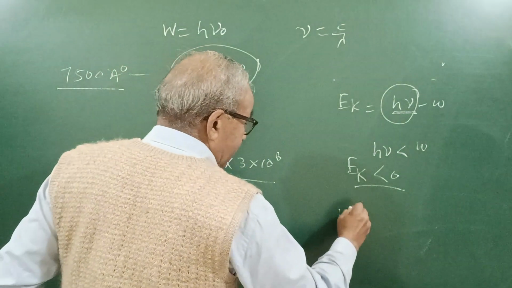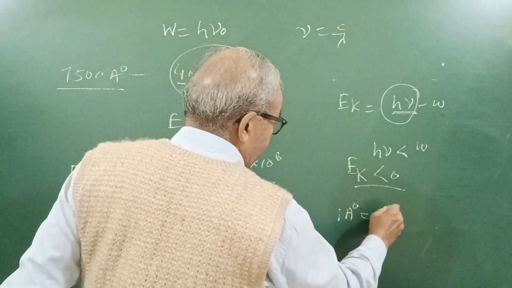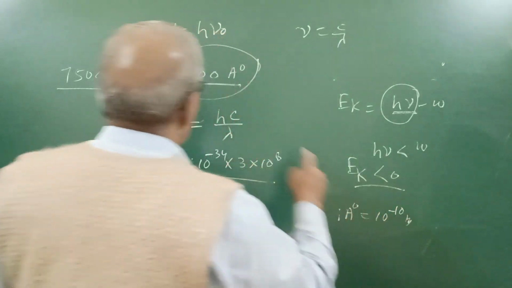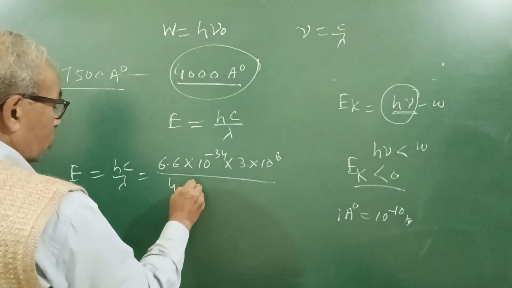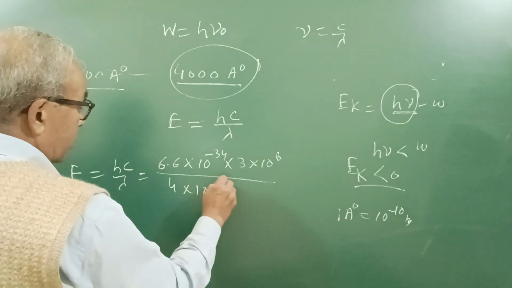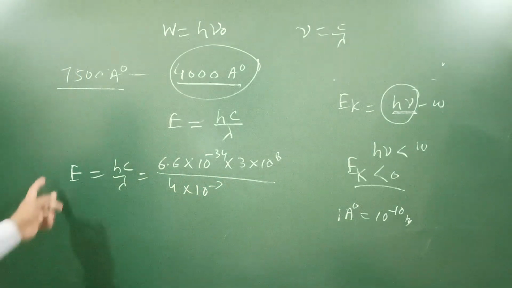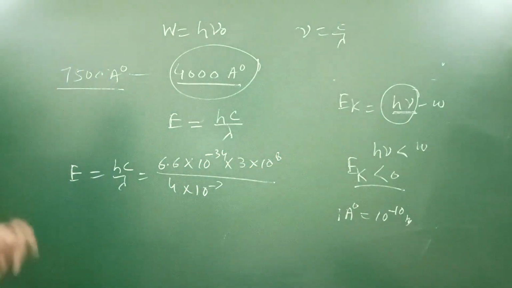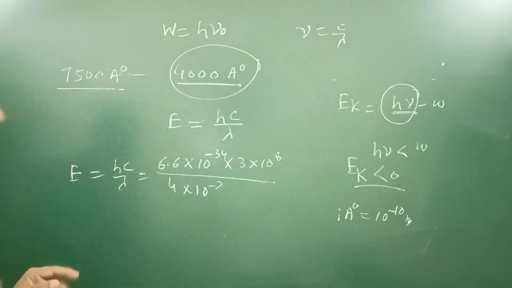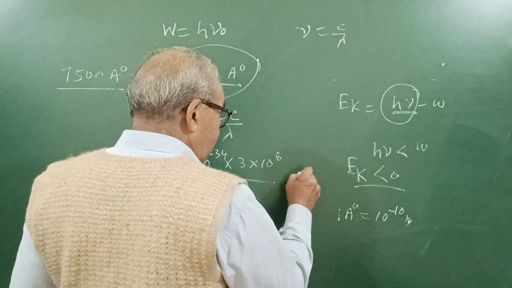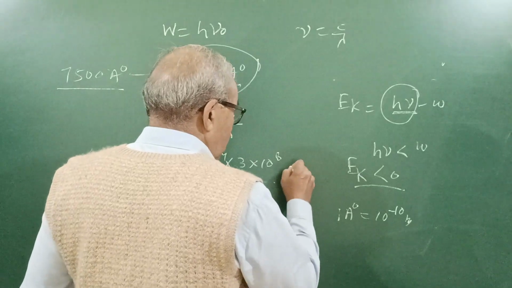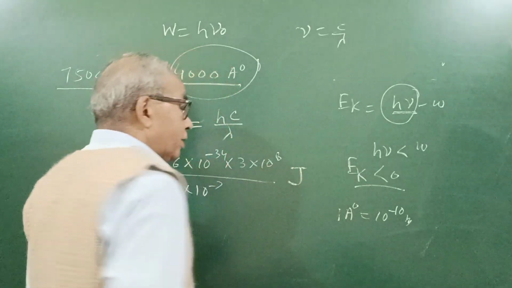I have told you many times that 1 angstrom is 10 to the power minus 10 meter, so it will be 4 into 10 to the power minus 7 meter. The value of this energy will not be in electron volt, it will be in joule. Be aware of the unit.